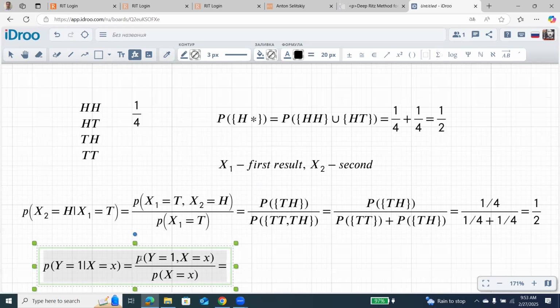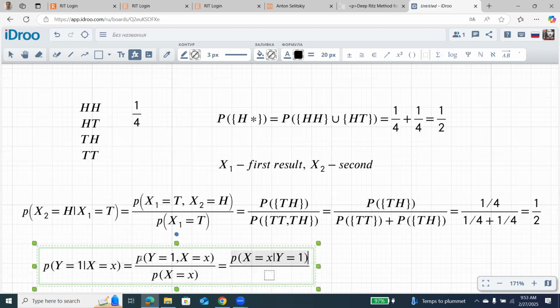So let's apply again our conditional probability formula to represent the numerator, the joint probability, through the conditional probability. The joint probability will be the product of this conditional times the condition. But in this case, I will use condition on the class instead of condition on the data.